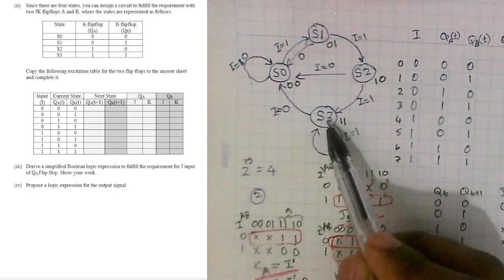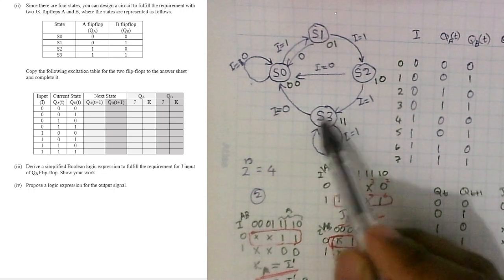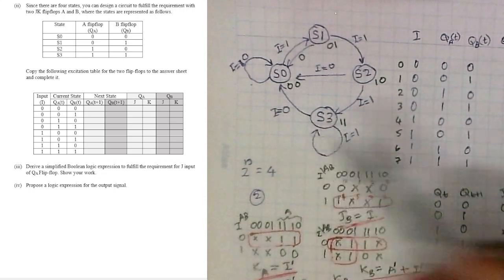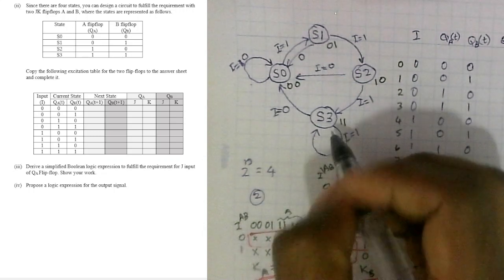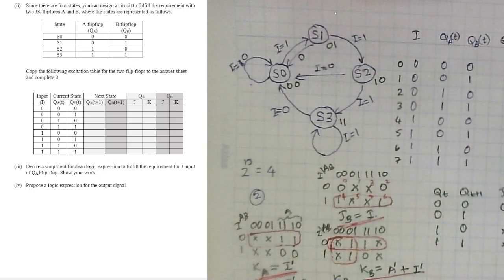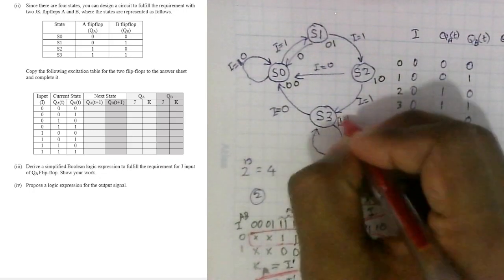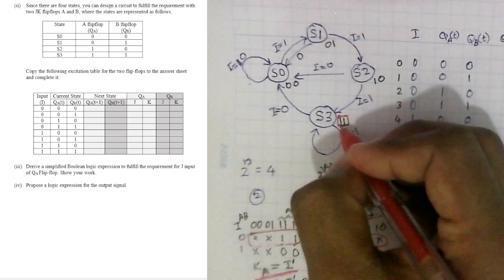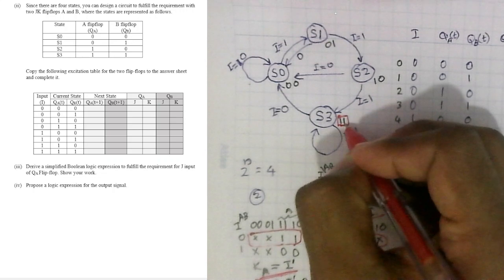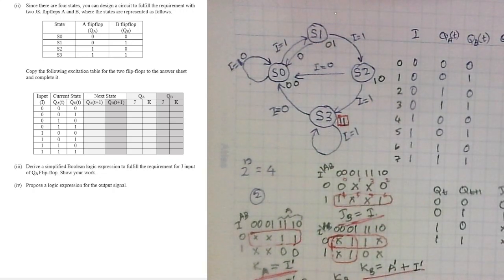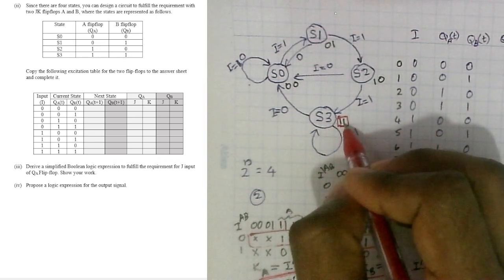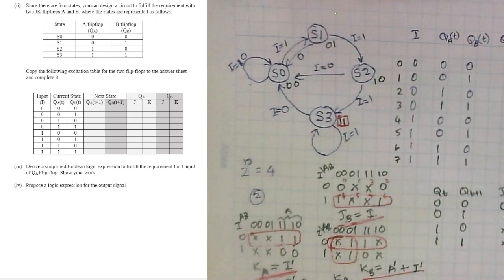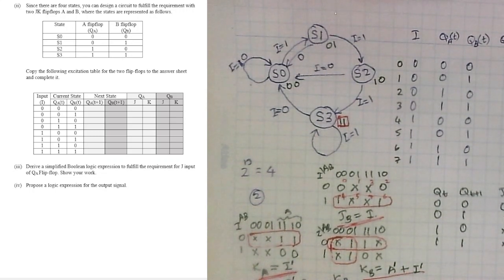So if we need the output signal, essentially we can output the state of S3, right? So S3 is in our state assignment. We know that S3 is this one, right? 1, 1. You can refer to the table given. So S3 is determined as QA equals 1 and QB equals 1. Okay. So that is the S3 state. So if our flip-flop A is 1 and the flip-flop B is 1, then our output should be 1, because that means it's a 3 ones in a row, right?